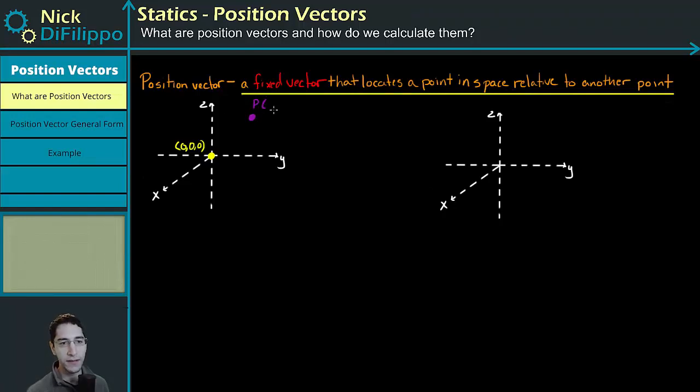Now let's say we have another point over here, and this is point P. With respect to the origin, point P is going to have some x, y, and z location.